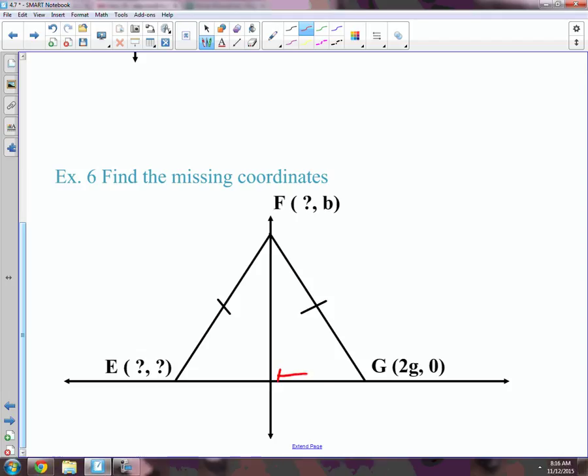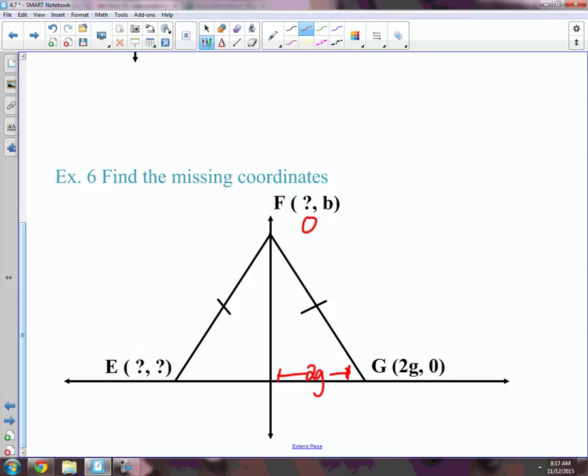Let's look at F first. How far over on the x-axis is F? 0. And then it's B high because we don't know how high it is. It's just not G high. We know that. Okay, now E has gone over into the negative territory. Well, if this is an isosceles triangle, if this side is 2G long, this side is 2G long.